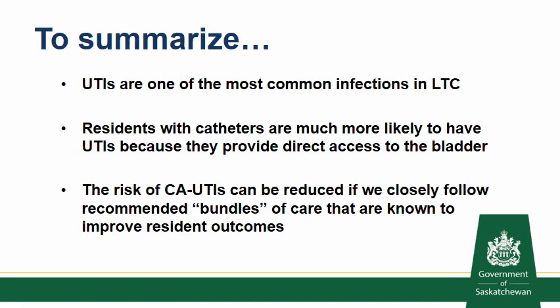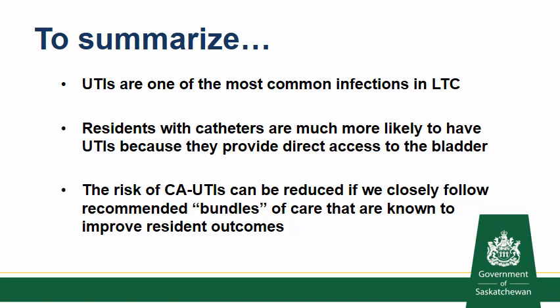We now know that urinary tract infections are one of the most common infections in continuing care settings and can often result in hospitalization, increased use of antibiotics, and complications for our residents.